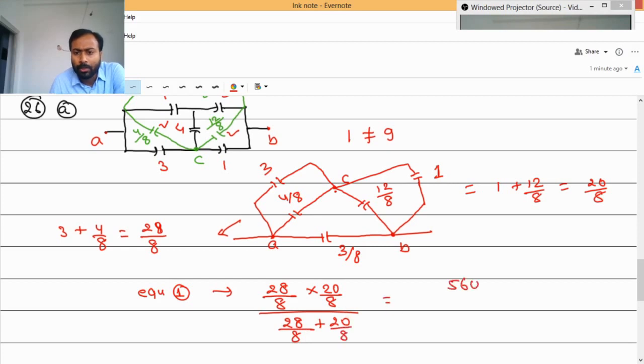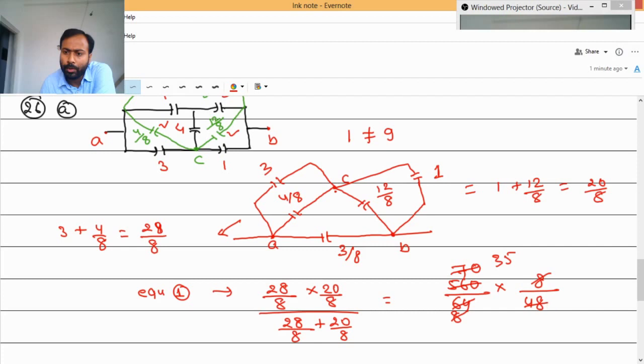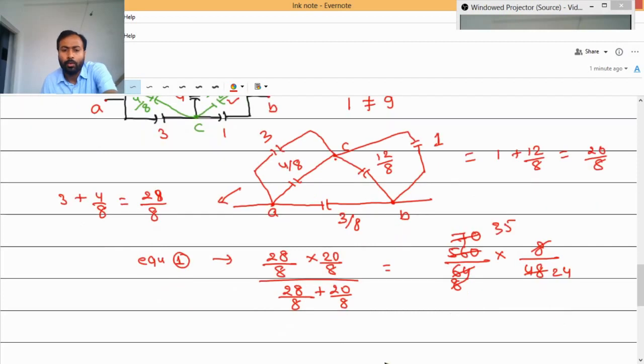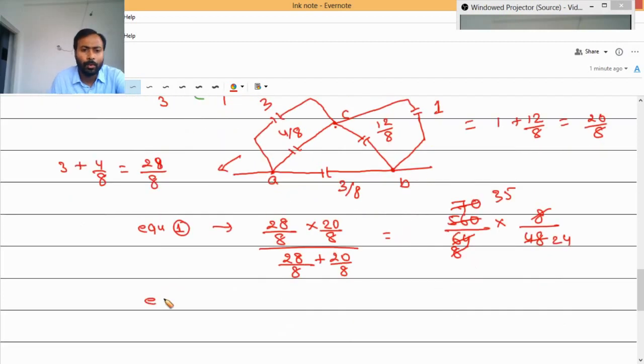So this value will be 560 upon 64, into 8 upon, and these two terms when added give 48 only. So this value will be 8 and this value will be 70. Again you can cut, that is 35 by 24. So the first equivalent value will be 35 by 24.